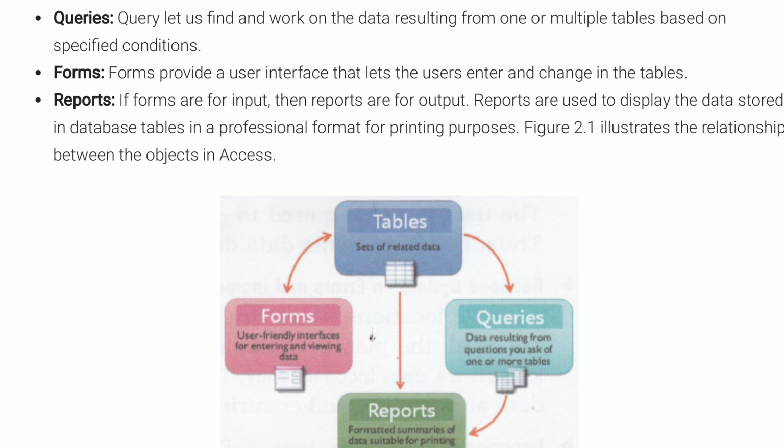If we have created a table and we want to enter the data into the table using a particular interface, for this we can create a form as a user interface through which we can access the data and store the data into the table without opening the table, by connecting the table with the particular interface, that is the form. It provides a medium of entering, editing and viewing the information in the tables.